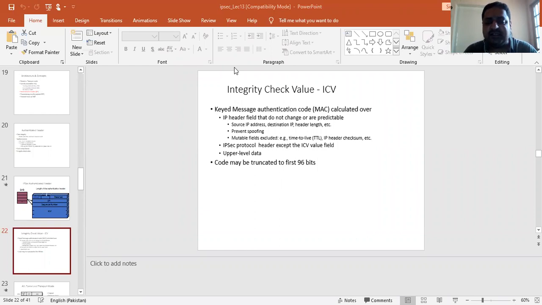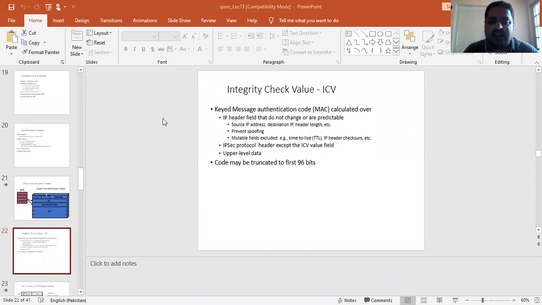If it contains that information, that means the particular packet has not been modified or changed. So we can identify that with the help of the integrity check value, and in this way it contains different information about that.